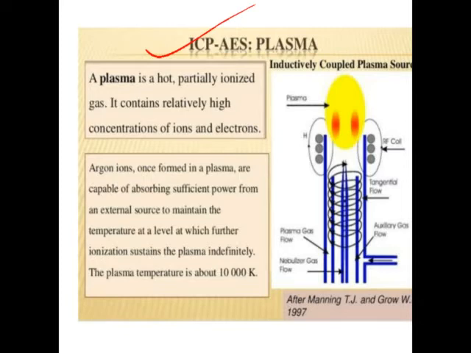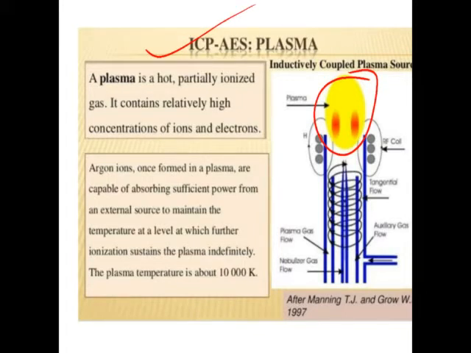The magnetic field is changed, and due to the change in the magnetic field, electromagnetic induction is created, and this electromagnetic induction provides the energy, which is responsible for the generation of the plasma source.